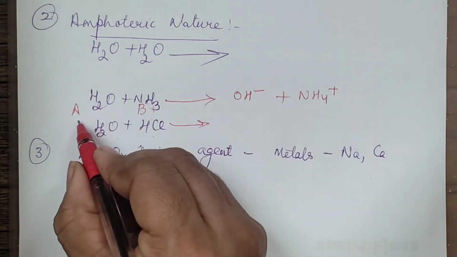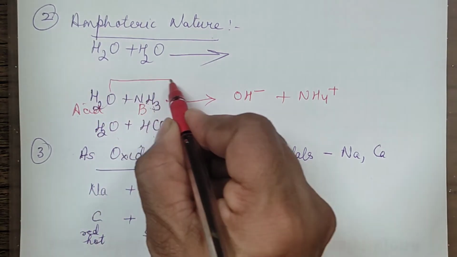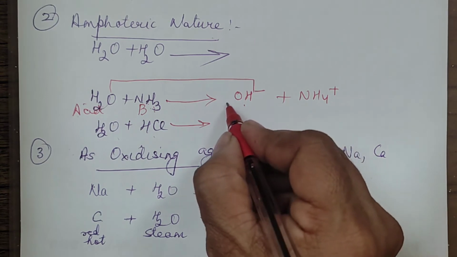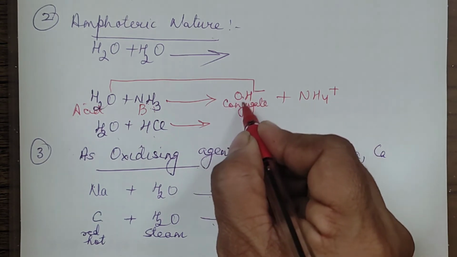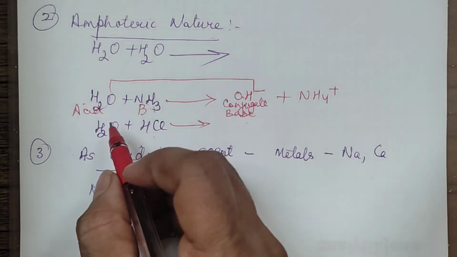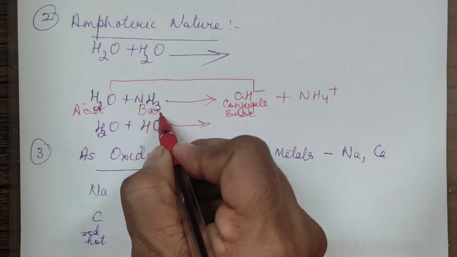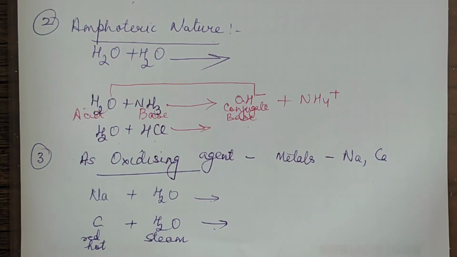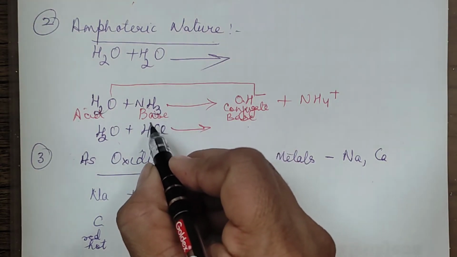So we say this is acid, and for water, OH- we will say is a conjugate base. It is a conjugate base. Now what is a conjugate base? A base that is formed when an acid loses a proton. When a base accepts the proton... Now ammonia is a base because it has accepted a proton, H+ from water.